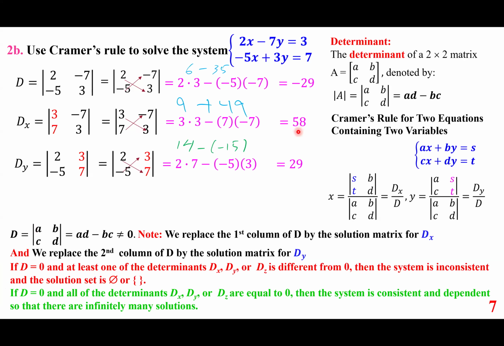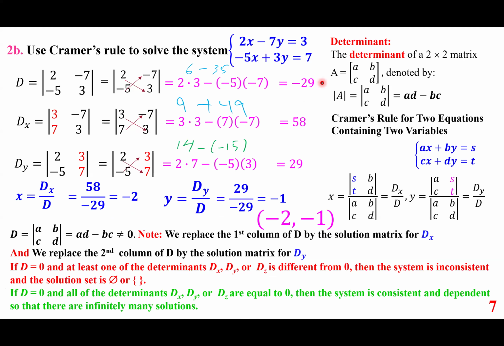So D sub x divided by D, that is negative 2, that's x. D sub y divided by D, that is negative 1. So x is negative 2 and y is negative 1, exactly the same answer we got before using Cramer's rule.